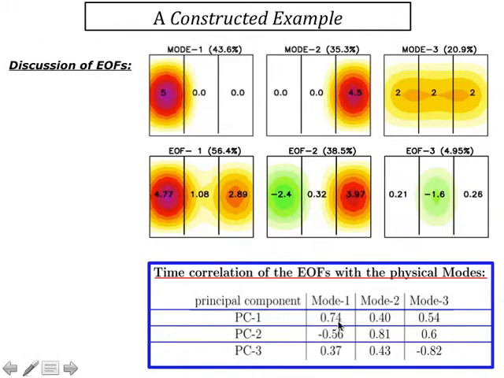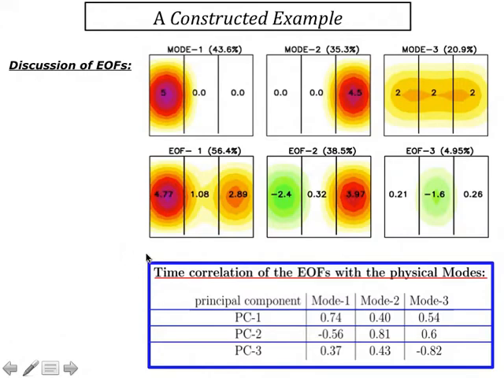And this is the amount of variance that each of them contributes. So the first mode goes with 0.7, the second mode goes with 0.4, and the third mode goes with 0.5 to create PC1. So PC1 is a linear combination of the PCs of each of these modes with the amplitudes shown in this table. And the same you can do with PC2, and the same you can do with PC3.